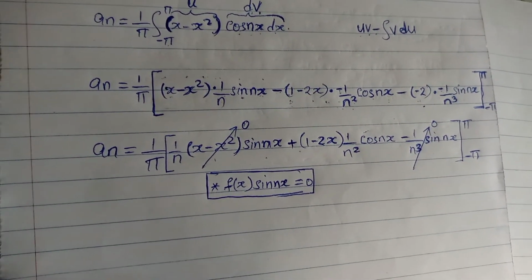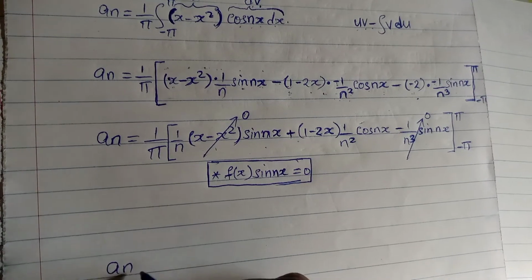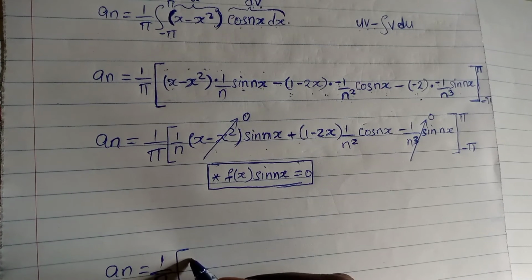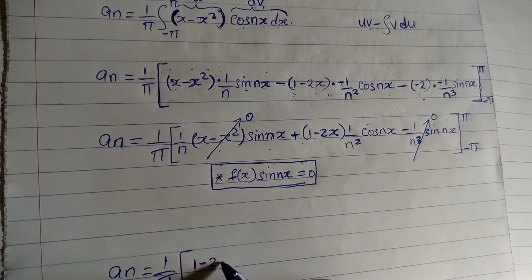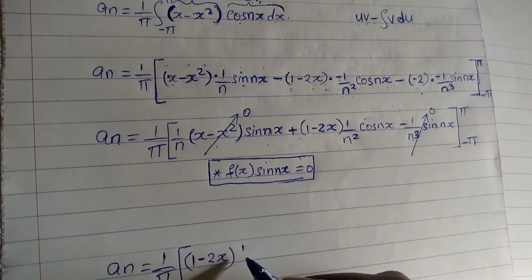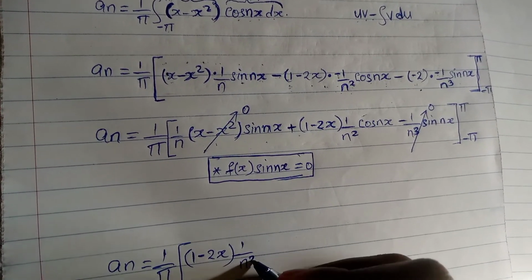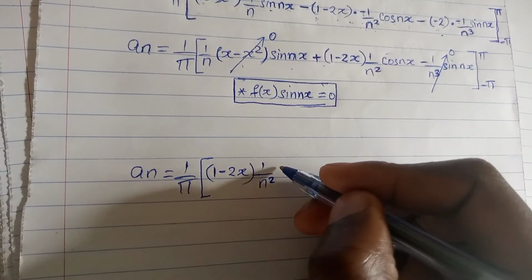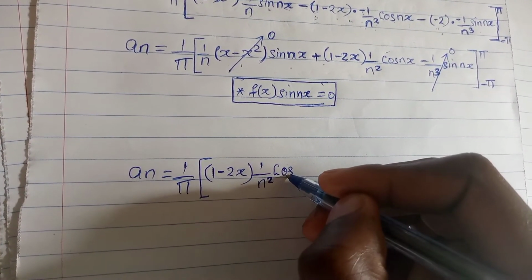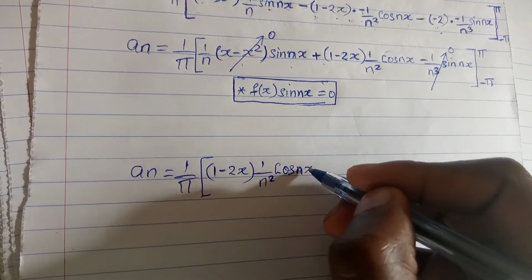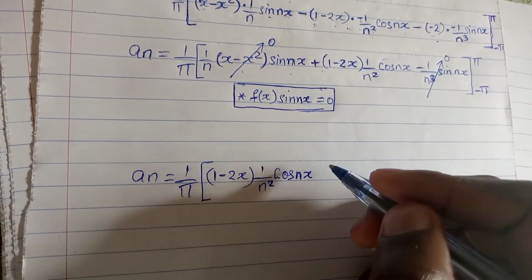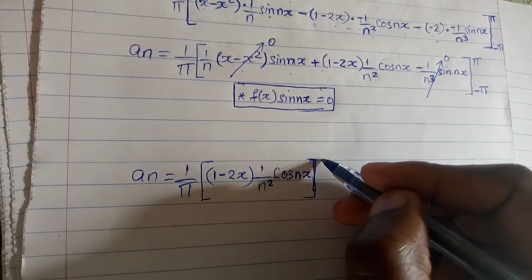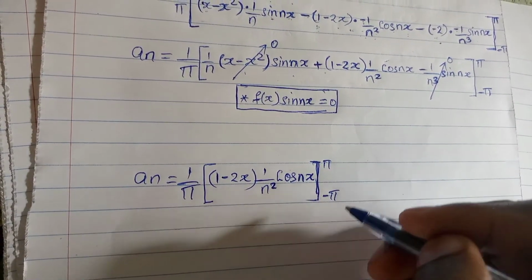Then we are going to remain with a_n equals 1 over pi into (1 minus 2x) times 1 over n squared cos nx. Still we put our interval, this is pi, negative pi.